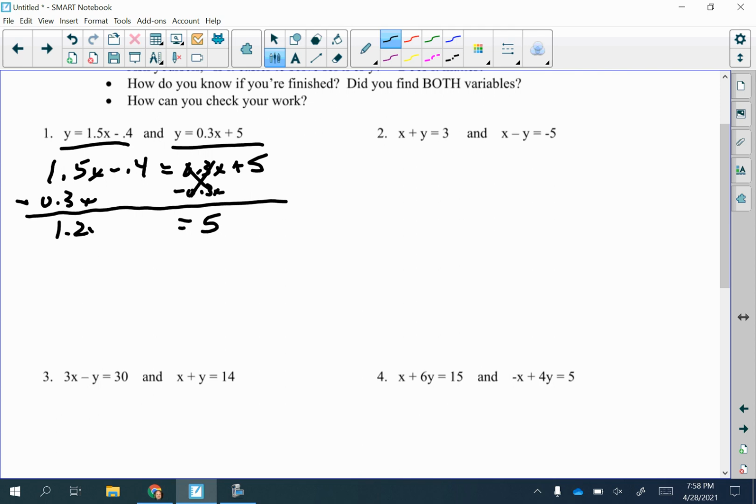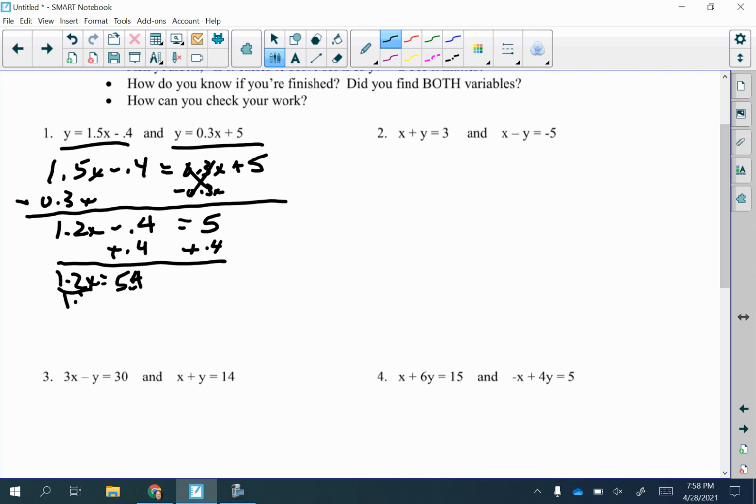And we get 1.2x minus 0.4. All right. And then we're going to add 0.4 to both sides. So I'm going to get 1.2x equals 5.4.